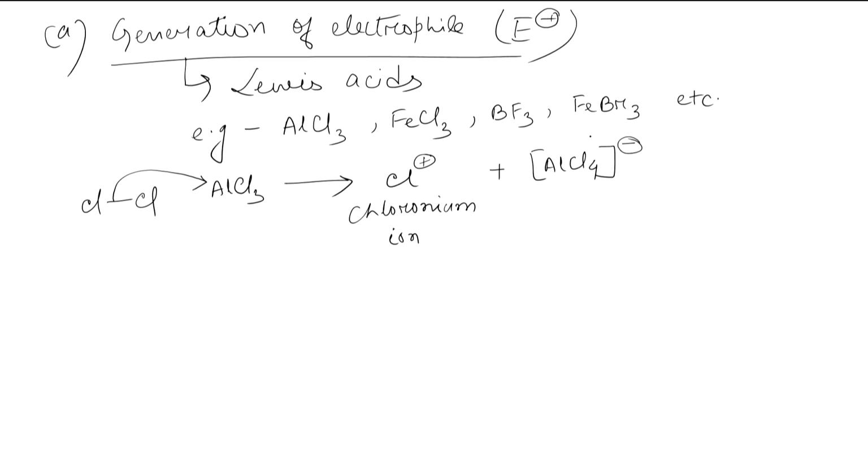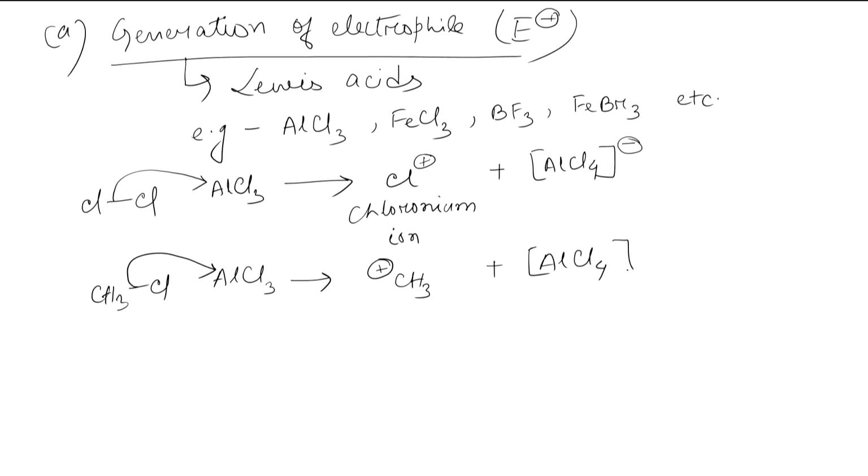Okay. So we have some alkyl halide, suppose, and we have AlCl3. So again this happens and we get CH3 plus, right? So a carbocation is formed here. This is also an electrophile, and as usual AlCl4 minus.